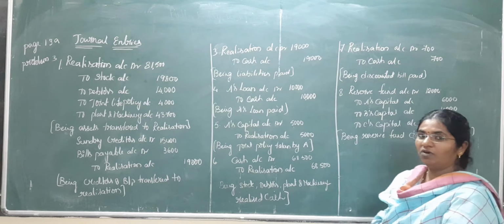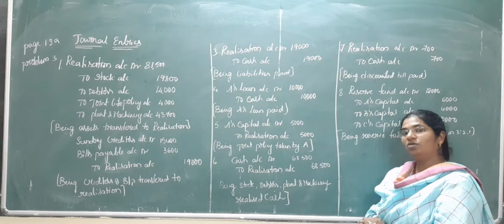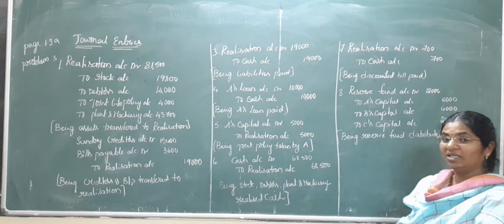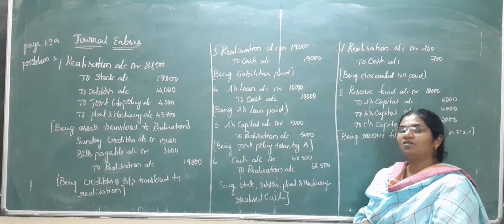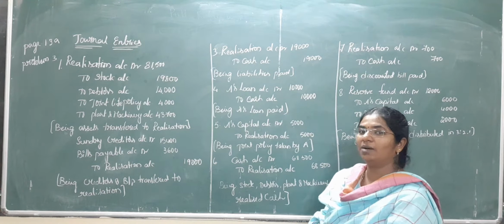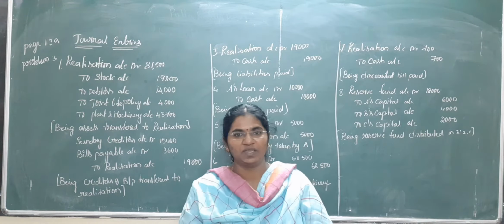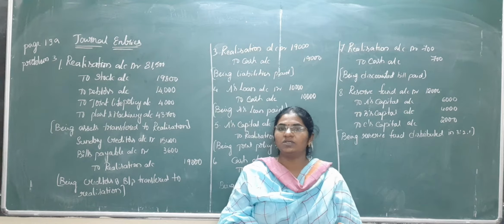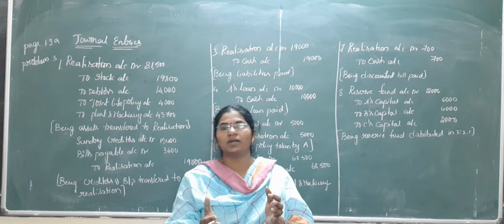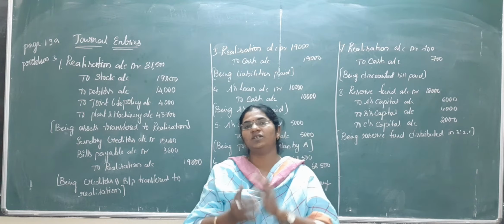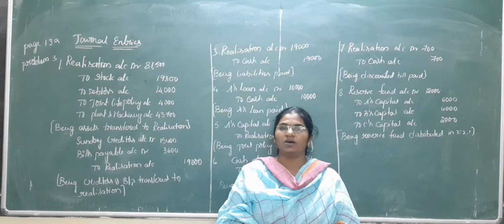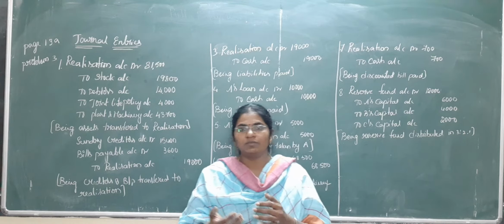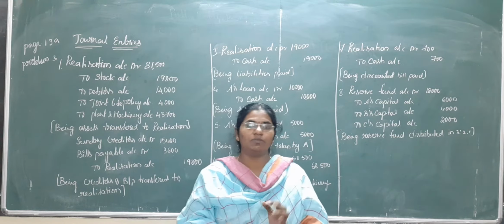Now, if you focus on the board, I have written one more journal entry. The journal entry is about reserve fund, and this reserve fund is always shown on the liability side of the balance sheet. Reserve fund is a fund which is accumulated by the partners from a number of previous years' profits, so that they can use it in a bad situation.